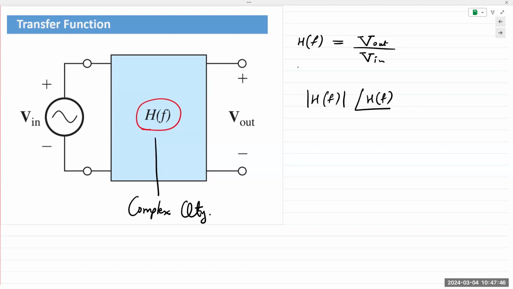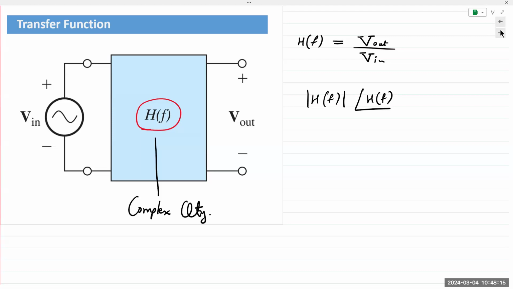If H of F is 2 and V in is 1, what is V out? 2. That's it. V in could be 100 or 100,000, and we'd be able to predict or calculate the output voltage. And that is the point of a transfer function. Transfer function of a sealed box or a sealed circuit network is basically describing how the input is being transferred to the output. And that's it.